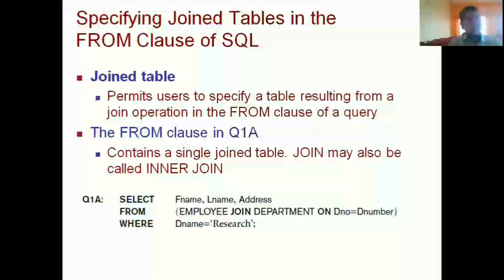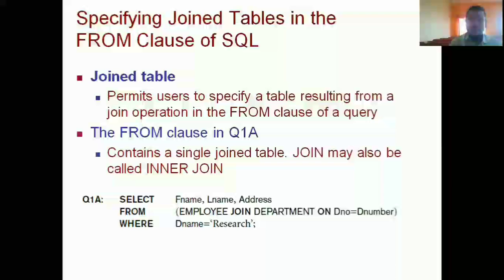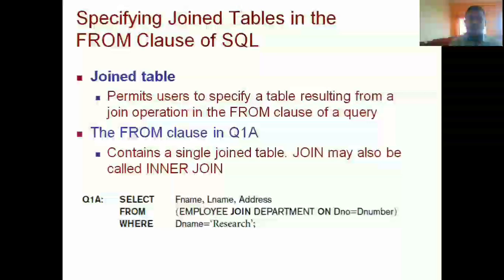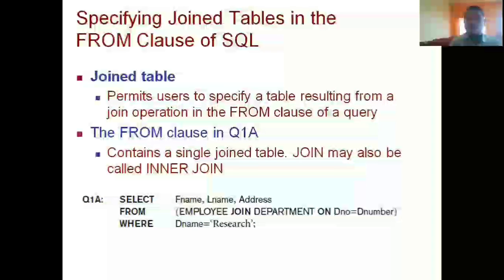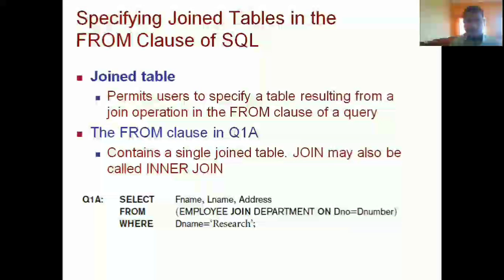There are different ways data, meaning relations or tables, are created. The contents form a single joined table using JOIN, which may also be called an inner join.